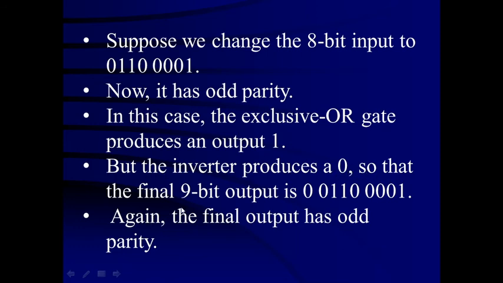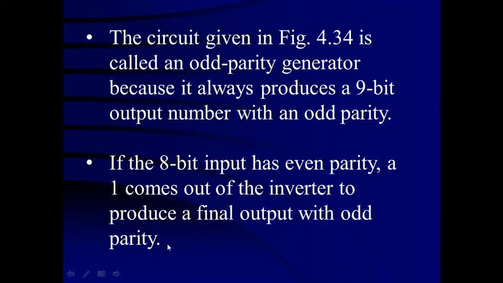So the parity bit in the final 9-bit output is going to be 0, and the remaining number is as it is, which contains 3 ones. So again the final output has odd parity. So in this case the input number may contain odd parity or even parity, but the final output number has odd parity only. This way it will work as an odd parity generator.